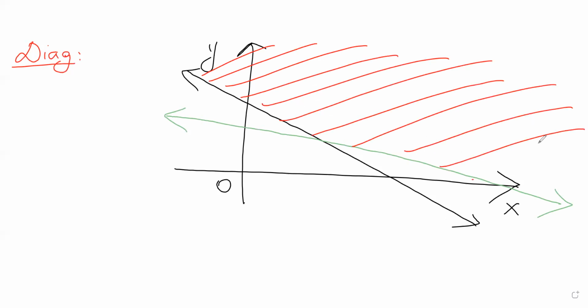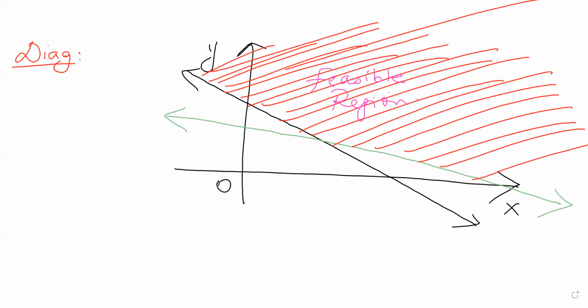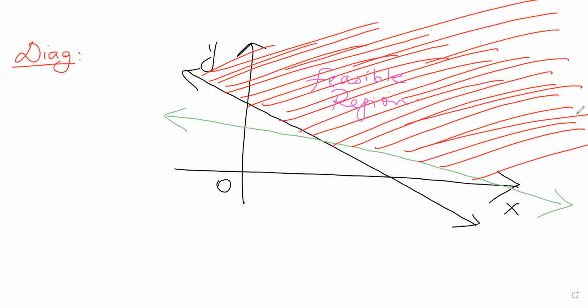Suppose this is my feasible region now. This is my feasible region. Now, is it bounded? No, because it's increasing up to infinity. It is not bounded. You cannot enclose this within a large circle because it has no limits. It will keep on going, guys. If you look at this, it will keep on going. It has no bounds.